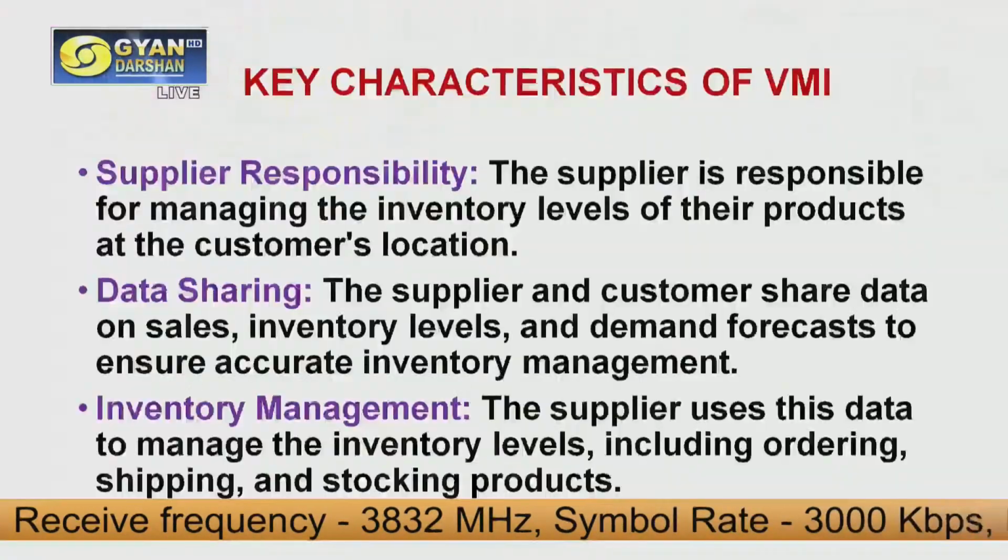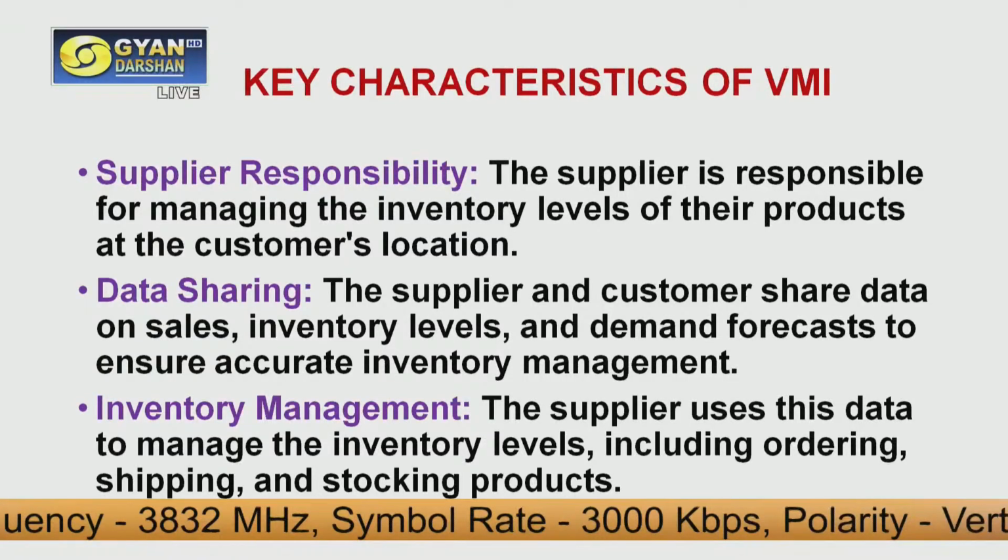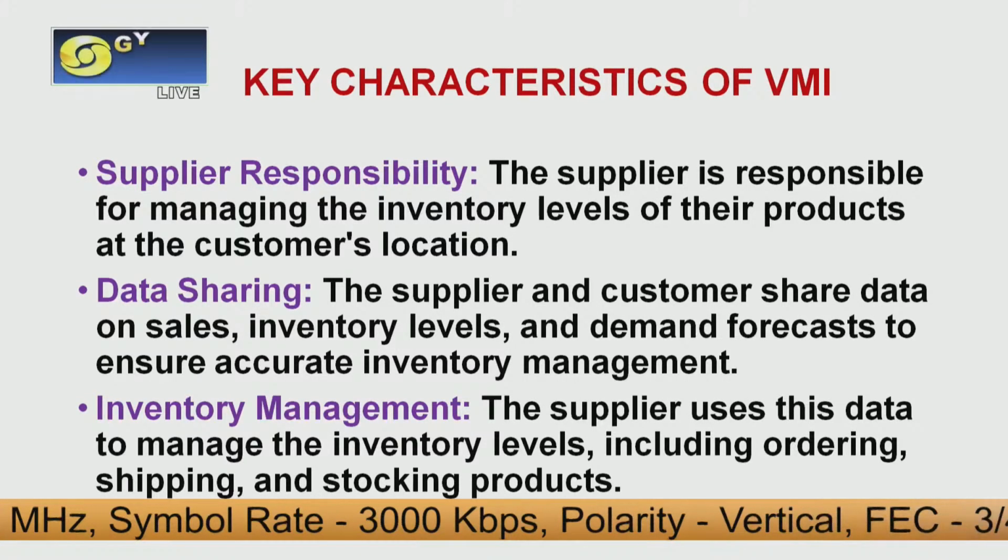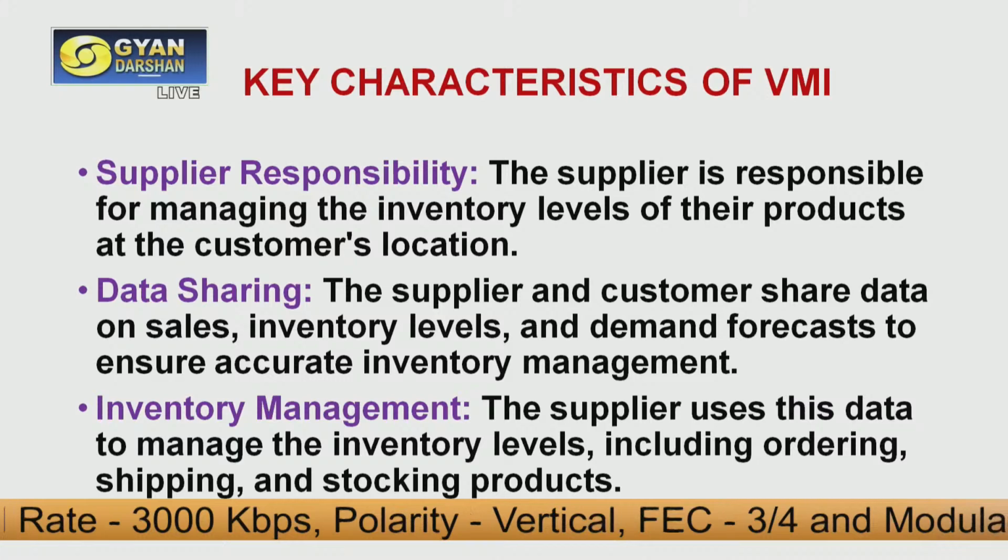So, at the end of the day or in the middle of the day, the vendor is watching clearly the inventory level at the retailer end. This helps in managing the inventory level.